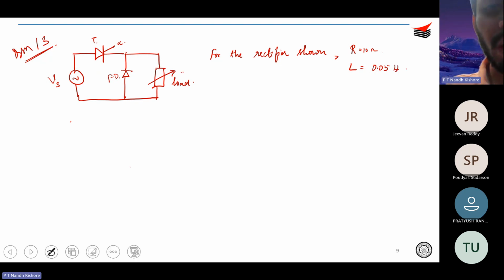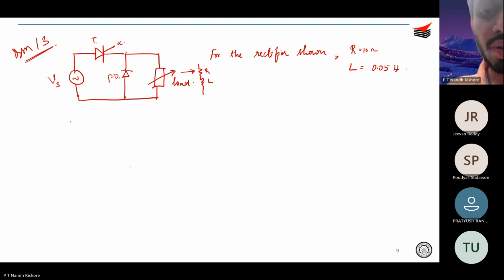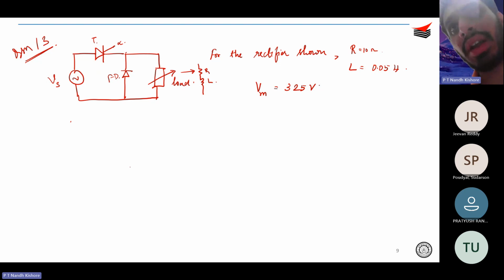So R and L are over here. R is 10 ohms and L is 0.05 henries. The maximum value of the supply voltage, they have mentioned it explicitly, therefore this is a maximum. The maximum value of the supply voltage is 325 volts and the output voltage is 70 volts.